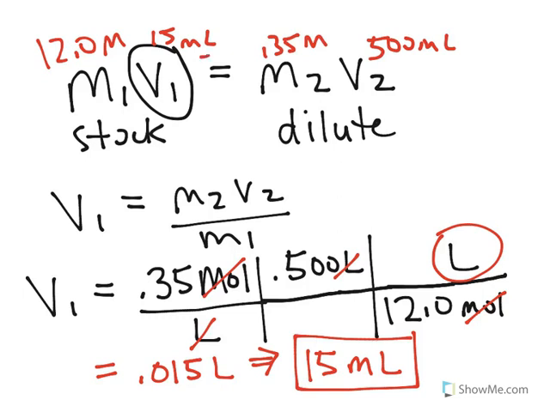So a teeny tiny amount here would make sense because that's a very concentrated stock solution. And then you can always go back and substitute the numbers in, multiply them out, and make sure that each side agrees with itself to make sure that you have a correct answer.